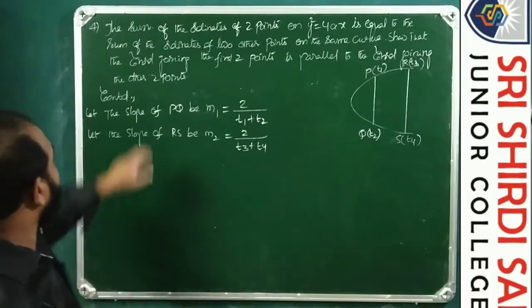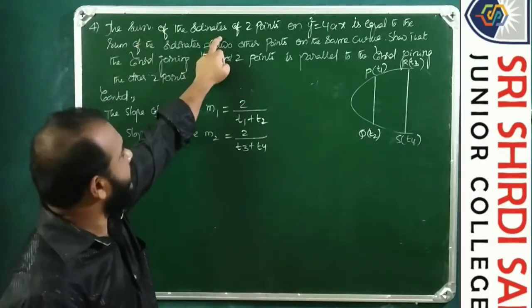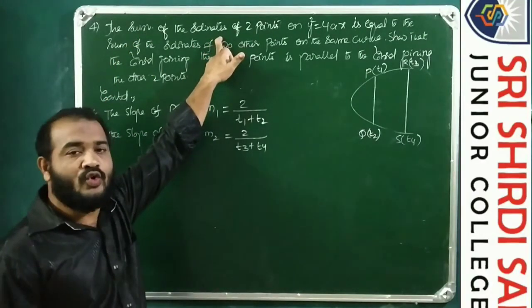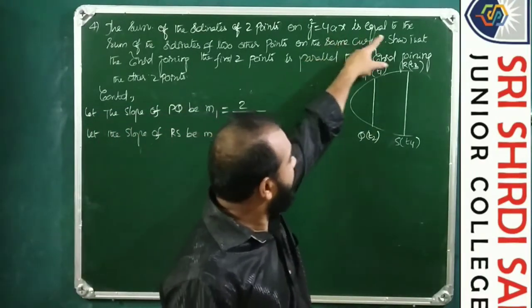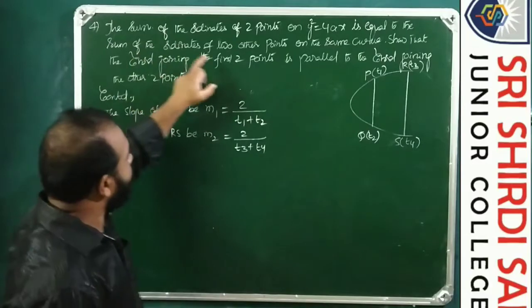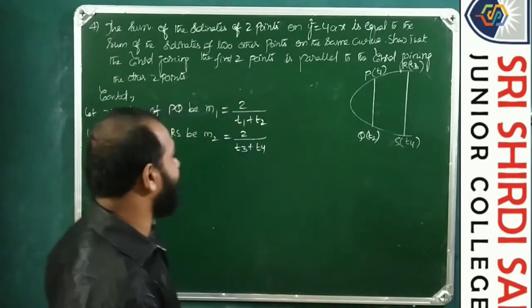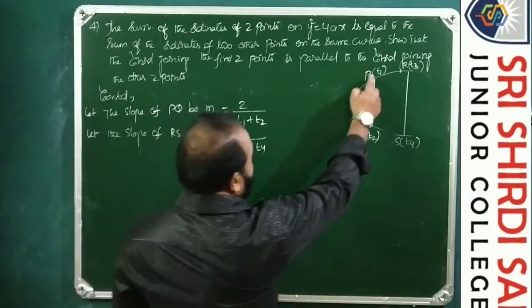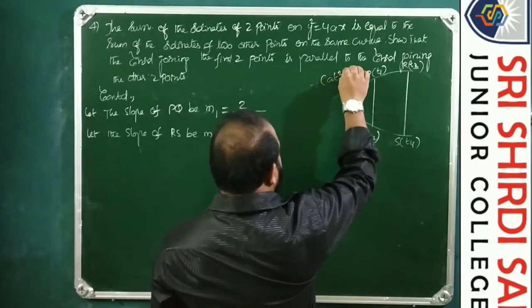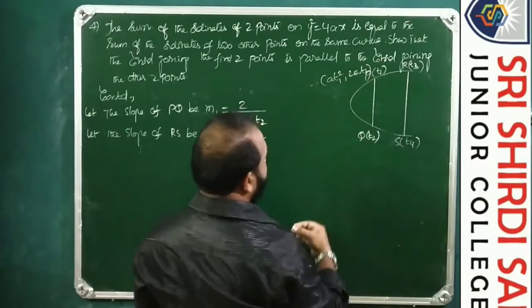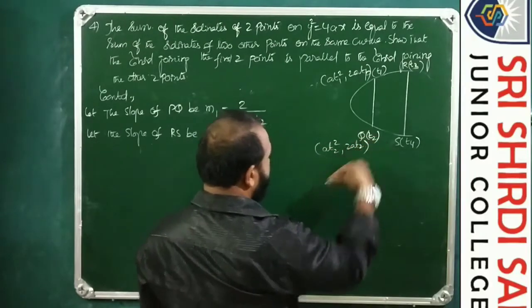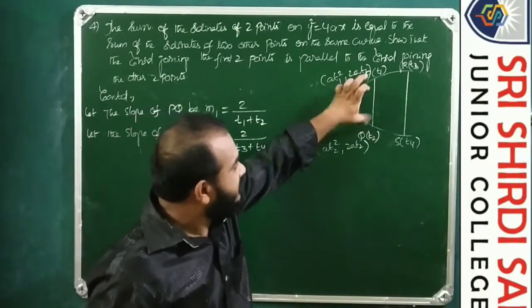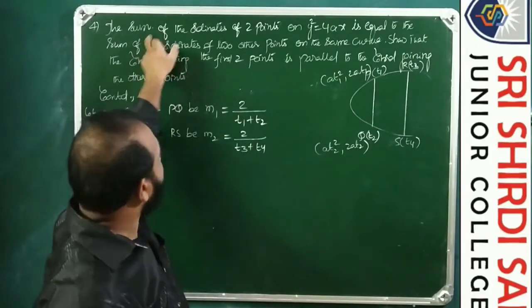And what is the condition given? The sum of the ordinates. Ordinates means y coordinates on y square equals 4x is equal to the sum of the ordinates of other 2 points. So P is at1 square comma 2at1 and Q is at2 square comma 2at2. The first 2 points are these. The sum of the ordinates.